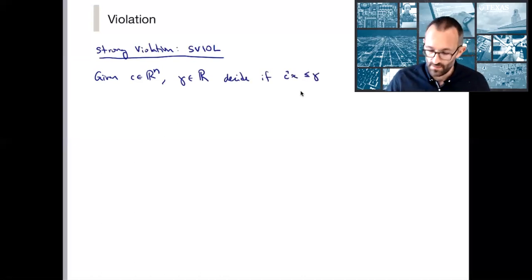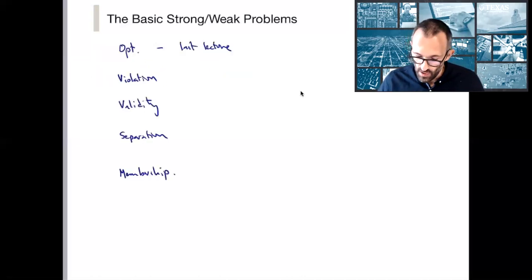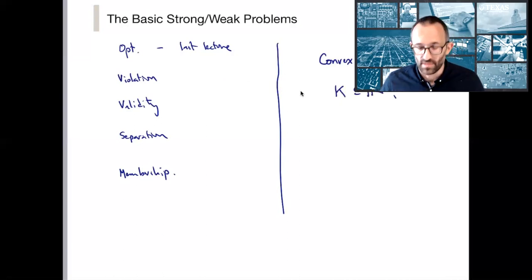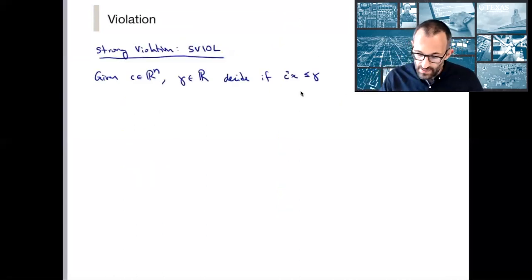Oh, and of course, let me go back a slide here. So throughout all of this, we're assuming we have a convex set K contained in Rn. So the strong violation problem is defined by K, a vector c, and a threshold gamma.